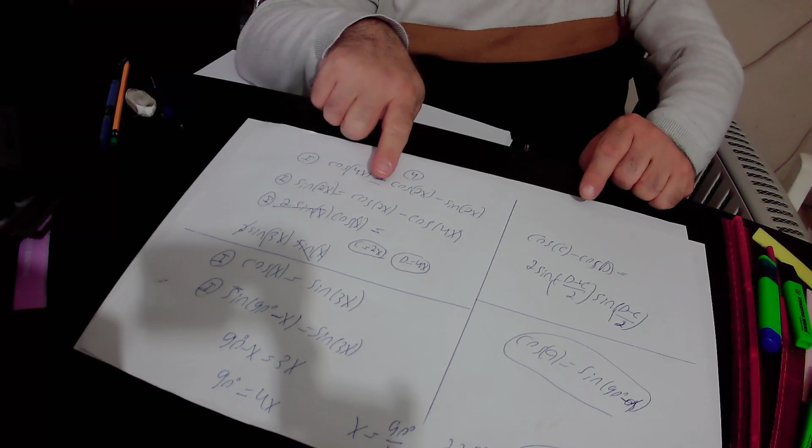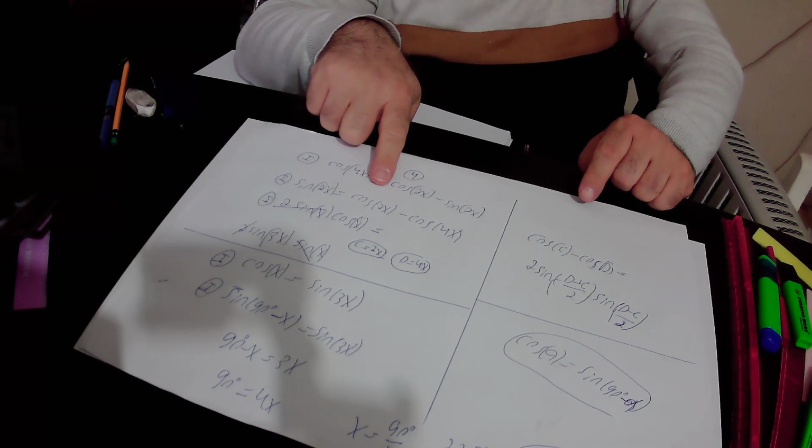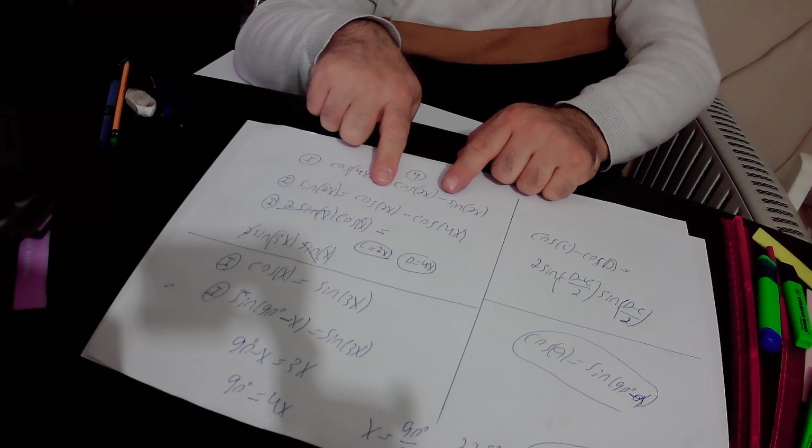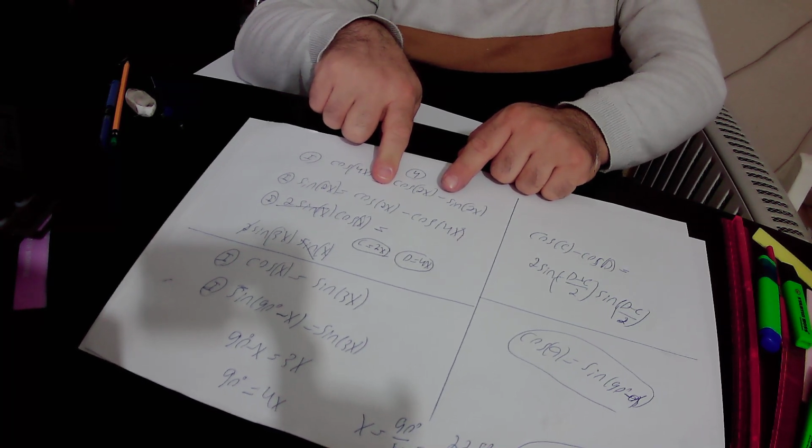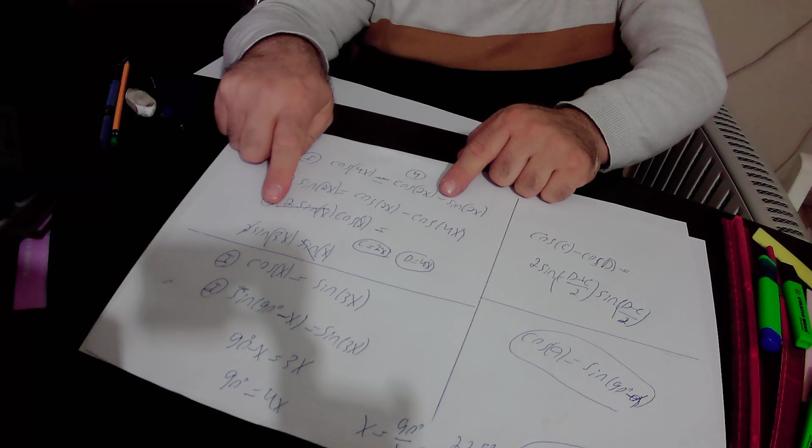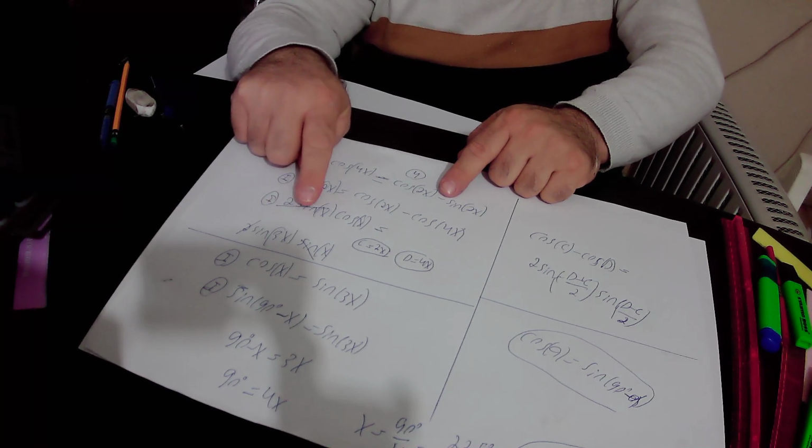And we found out that cosine 2x minus cosine 4x is actually equal to 2 sine 3x times sine x.